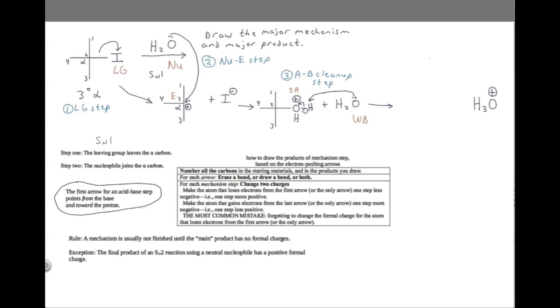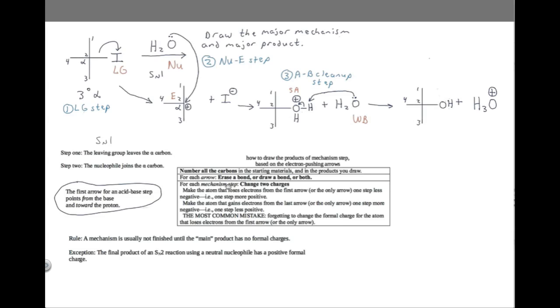Now this arrow tells us to break a bond between the oxygen and this hydrogen. So here we show that the oxygen has lost one of its bonds to hydrogen, and therefore the oxygen only has one hydrogen left. Again, we have to change a charge. This oxygen started positive and it gained electrons, so the oxygen should end up neutral.